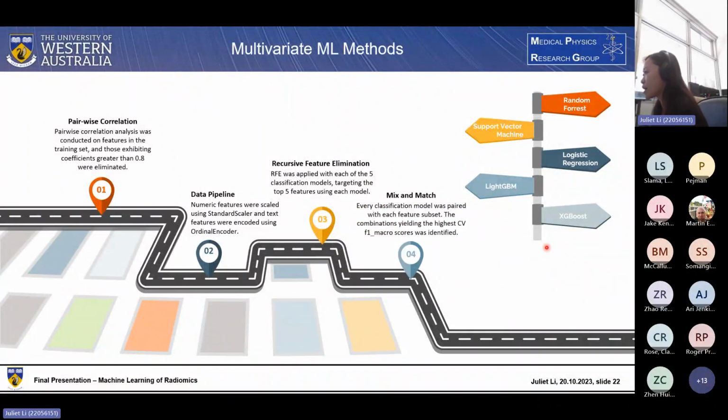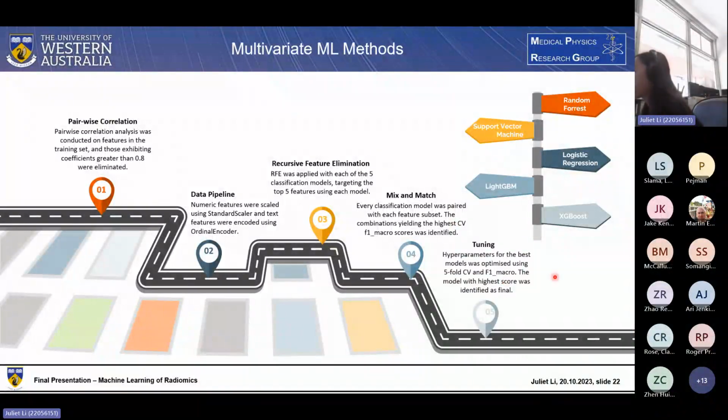And we mix and match the 5 feature sets with the 5 models. The combination that yields the highest cross-validation F1 macro score was identified. And then we do a hyperparameter grid search on the best model using 5-fold cross-validation and F1 score. The fine-tuned hyperparameters with the model will be our final model for that category.